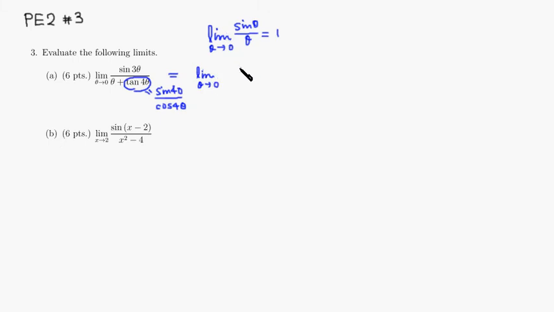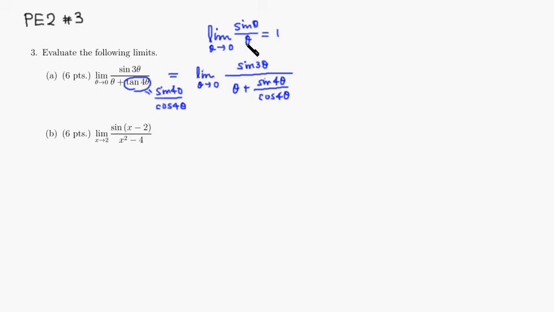On top you have sine of 3 theta over theta plus sine of 4 theta over cosine of 4 theta.